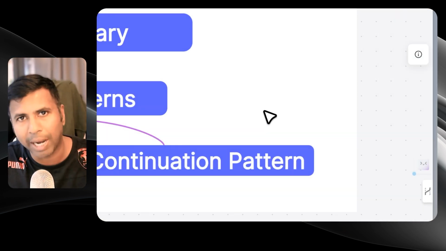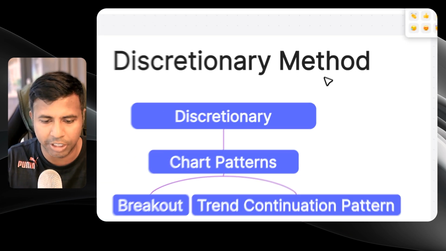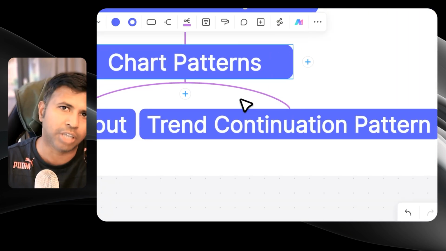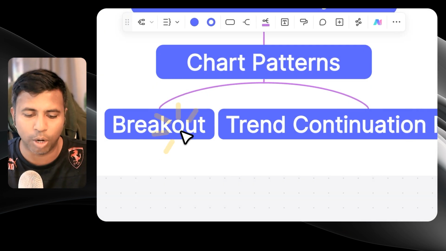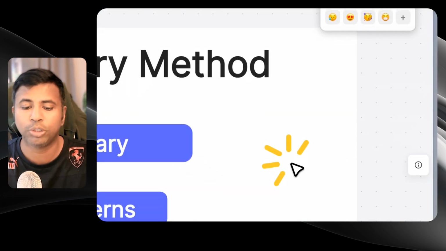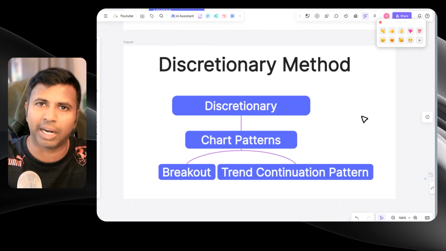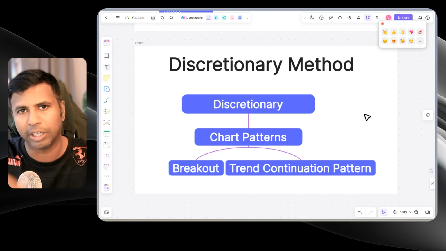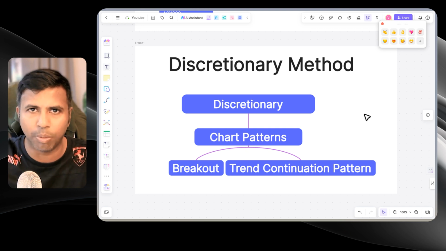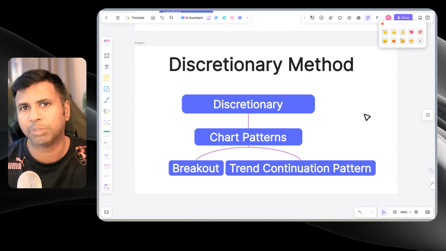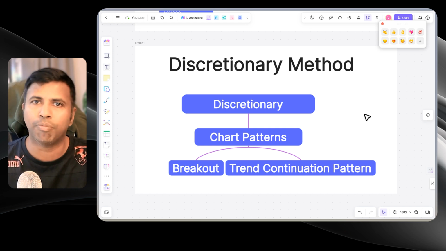But coming back to the video, on the discretionary method, there are certain chart patterns like breakout or trend continuation which have a higher probability of moving in the right direction. Suppose there is a stock that is forming a large base and is now trying to break out of that base. It has been shown in the past that these kinds of breakouts give a high probability of success.